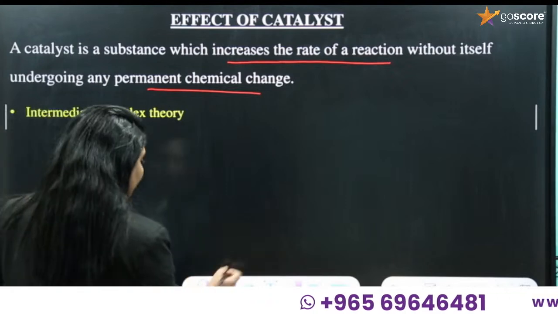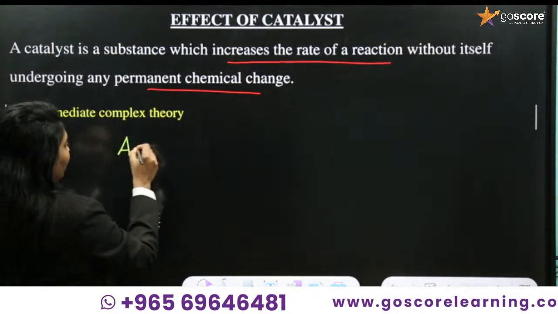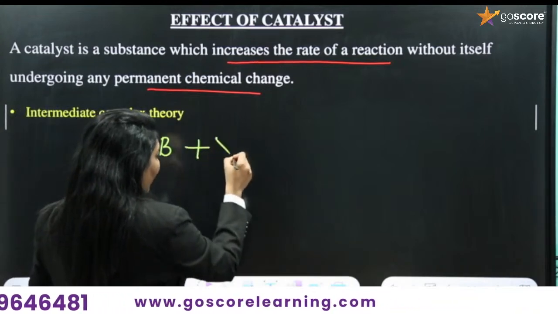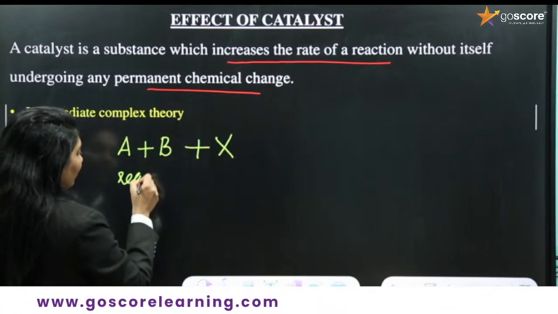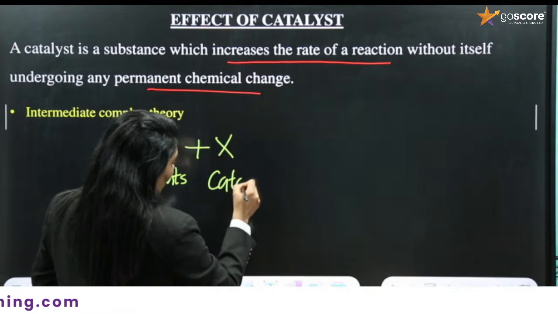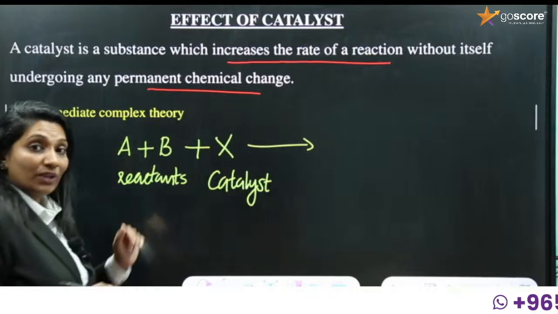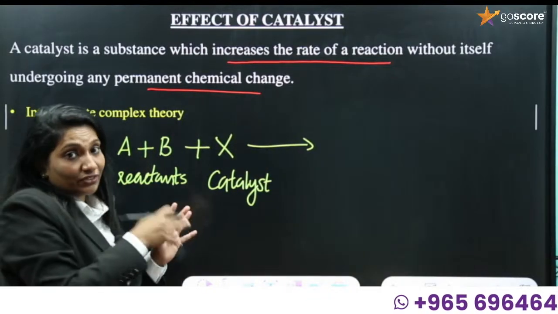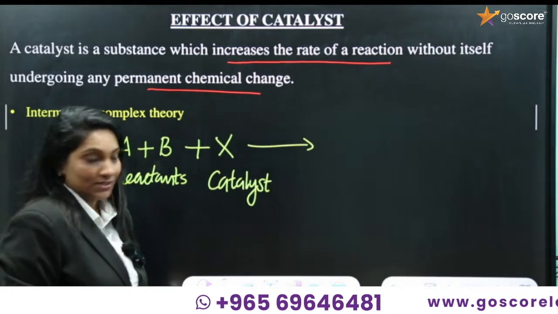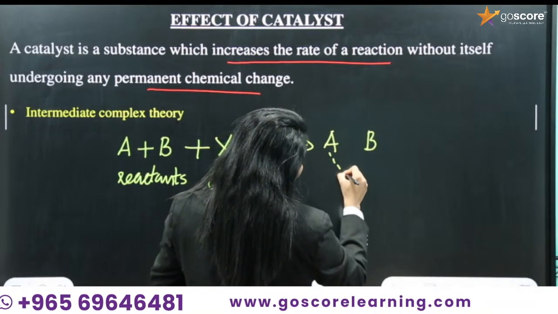Let's see an example: reactants A and B reacting in the presence of catalyst X. The catalyst forms an intermediate complex with the reactant molecules, a temporary bond.